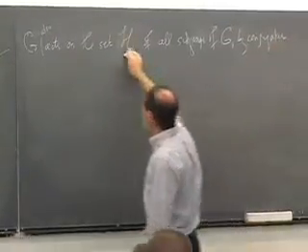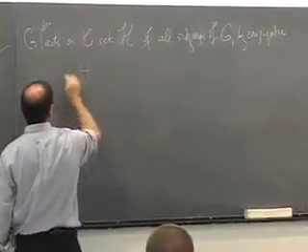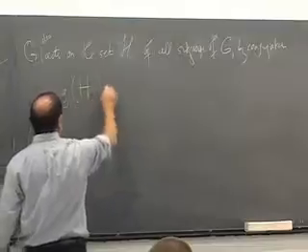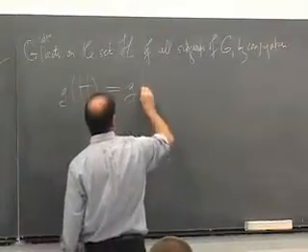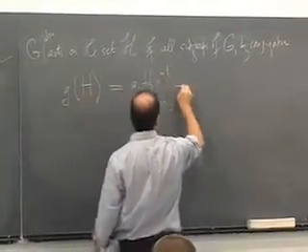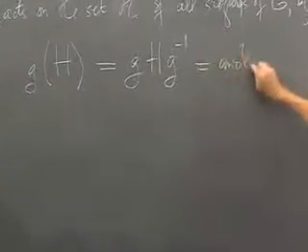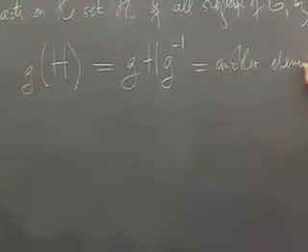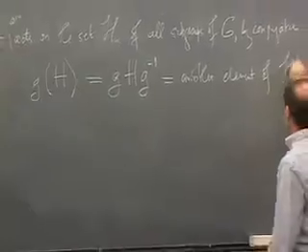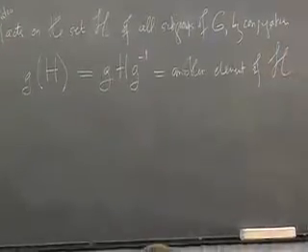So if I have a subgroup H, and I want to know what G does to it, it takes it to the subgroup gHg^{-1}, which is another subgroup. Okay?